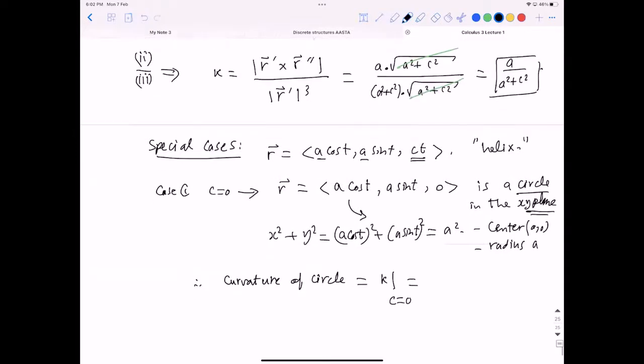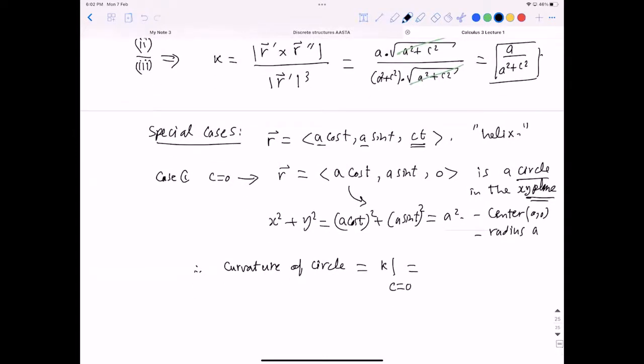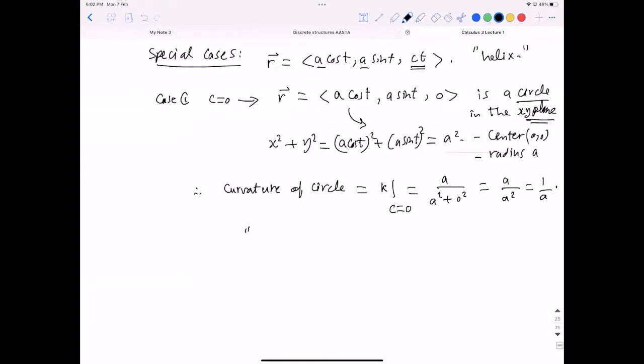What happens when C equals 0? It's A over A squared plus 0 squared. So it's A over A squared, which means 1 over A. So notice that it is the reciprocal of the radius of the circle.